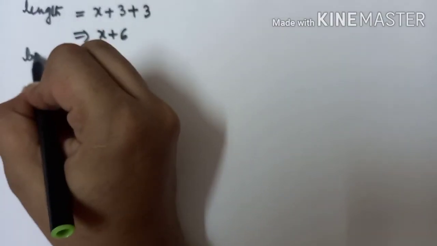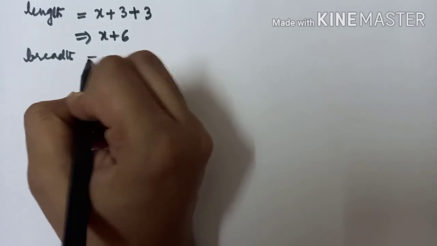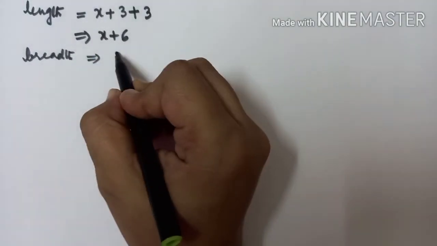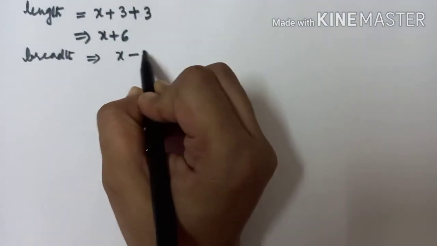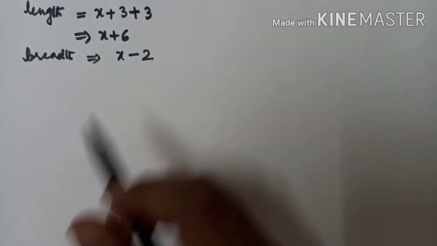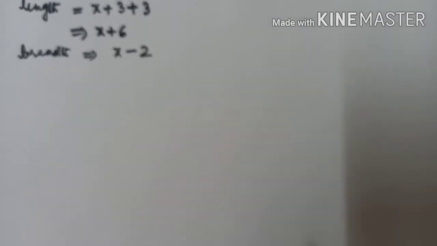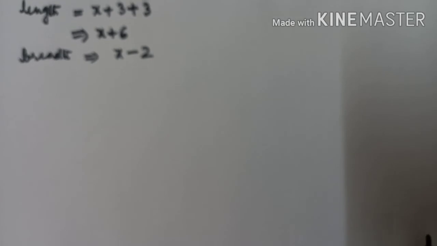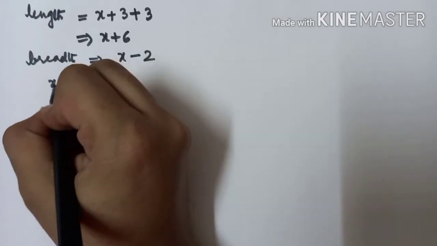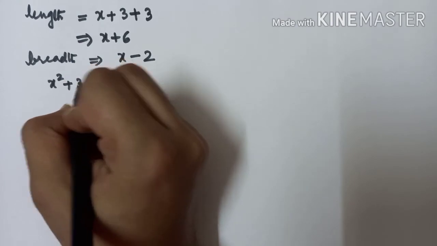Now what about the breadth? Breadth is decreased by 2. Breadth is actually x and it is decreased by 2 meters, so x minus 2. The area remains the same, it is saying in the question. The area of rectangle we just got is x square plus 3x.